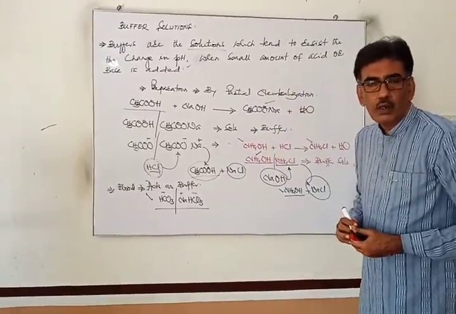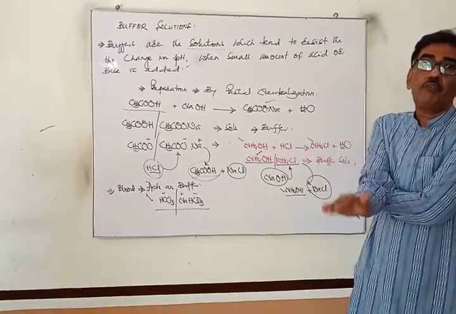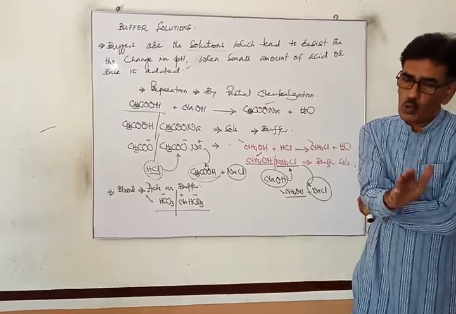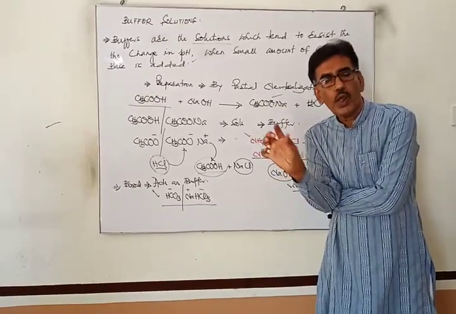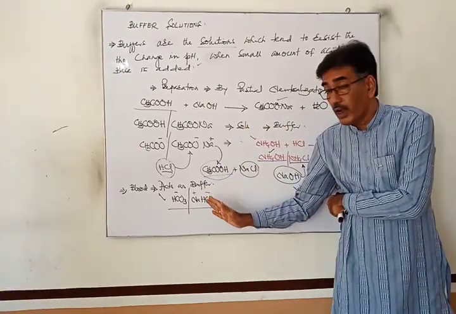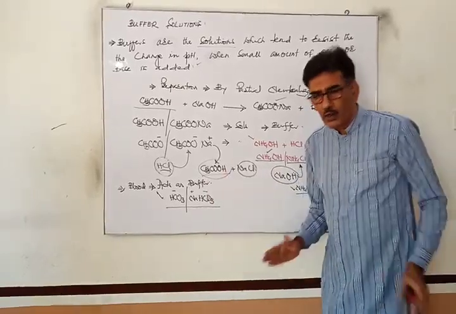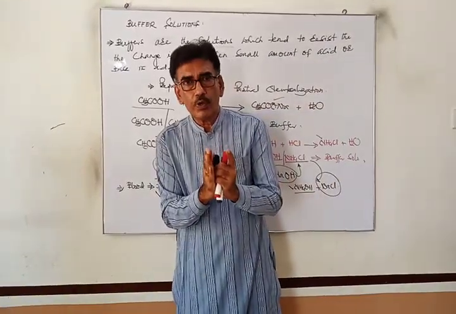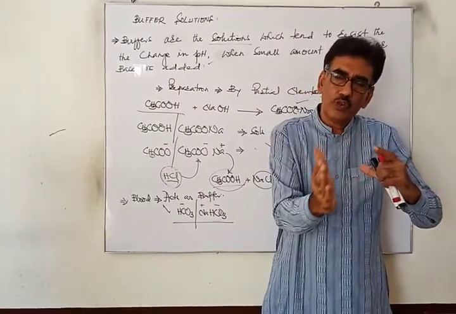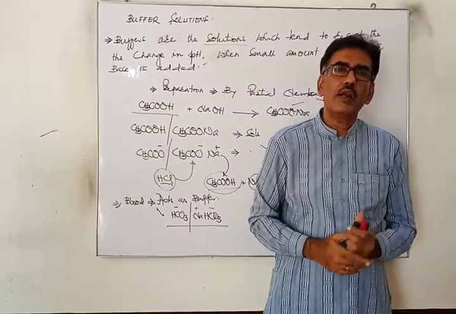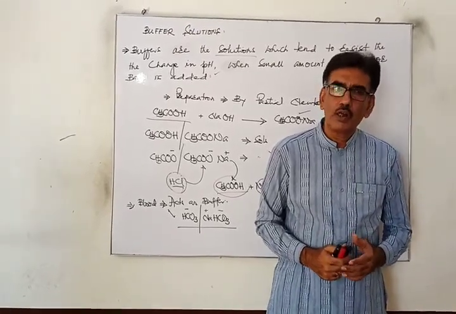So after digesting it, when it is shifted into the blood, when acidic or basic material is shifted to the blood, the blood can counter those acidic and basic characters and keep your blood within a narrow change in pH, as we already know that the pH of blood is almost 7.3.